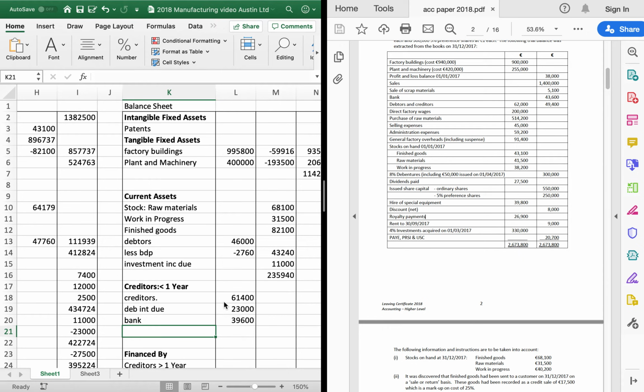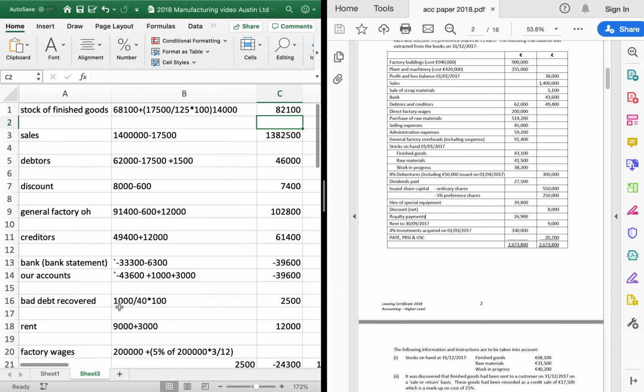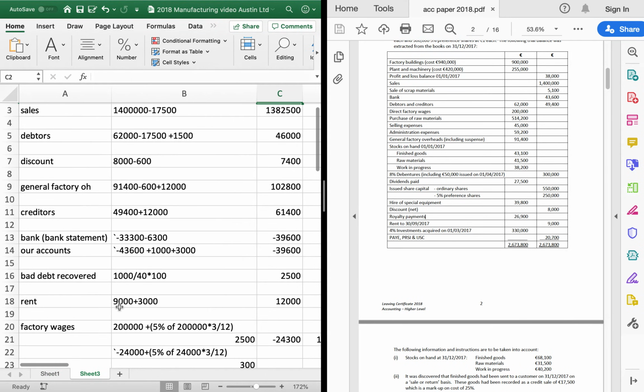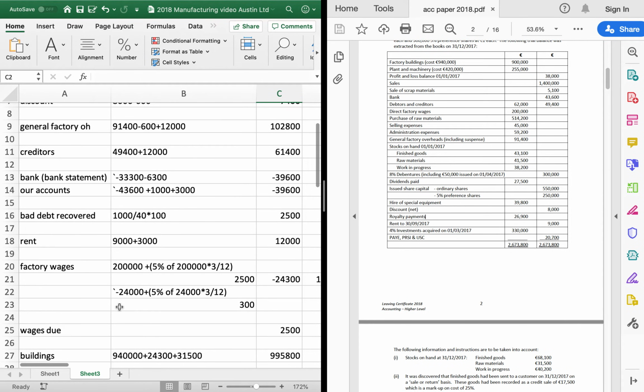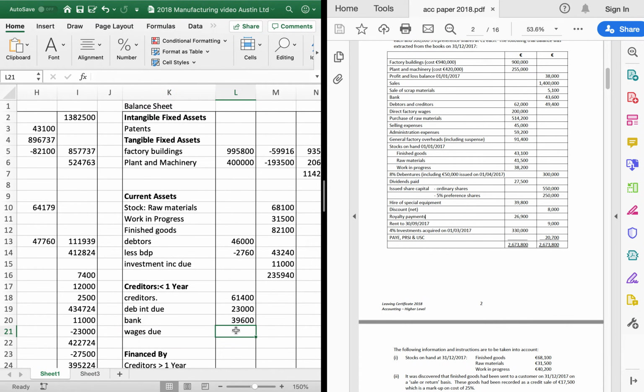You then have your wages due. Remember your backdated wages. So that's 2,500. It's either 2,500, 2,000. Yeah, it is 2,500. Then if there's any more, well, straight away we've got PAYE there of 20,700. Just make sure there's no more.